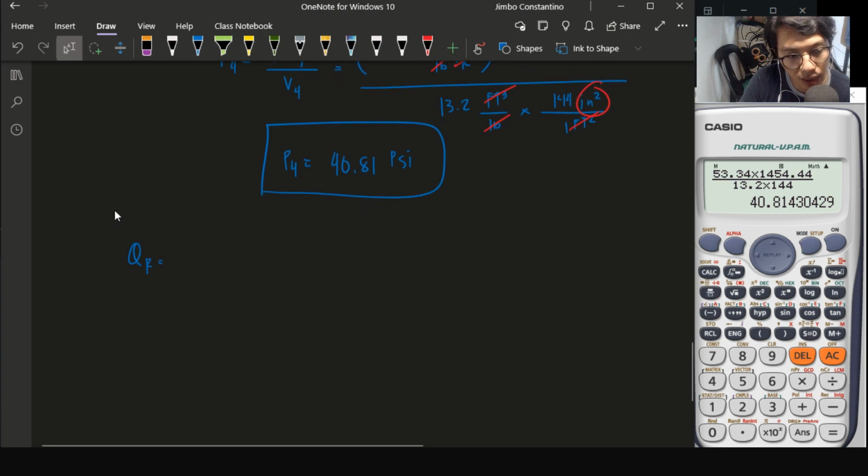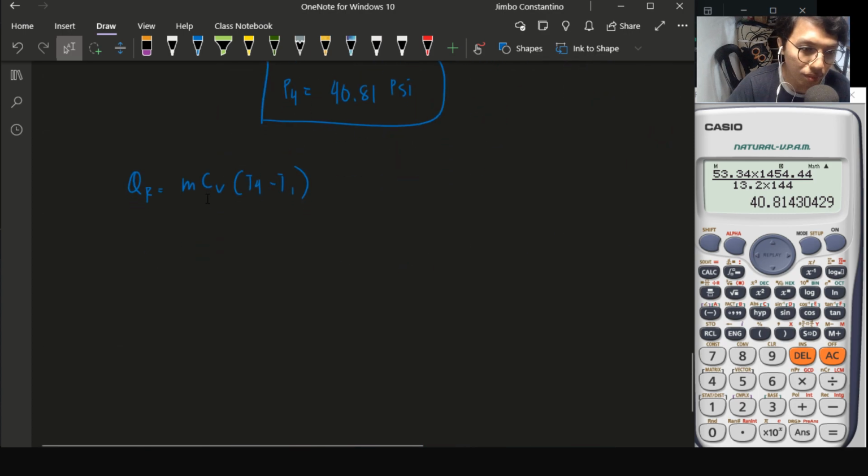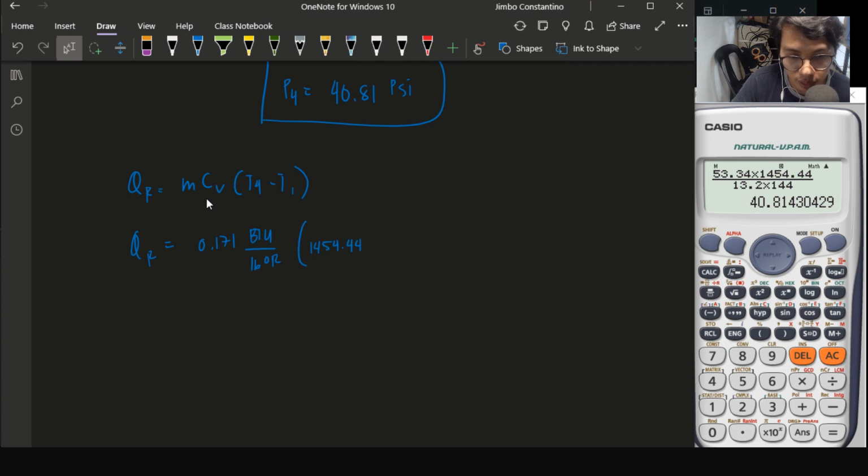QR is equal to mCv (T4 minus T1). Saan ba nagmula yan? Sir, dito ang QR. 4 to 1. So, QR, wala tayong m. Cv is 0.171 BTU per pound degree Rankine multiplied to T4, that is 1454.44 minus yung 535 degrees Rankine.